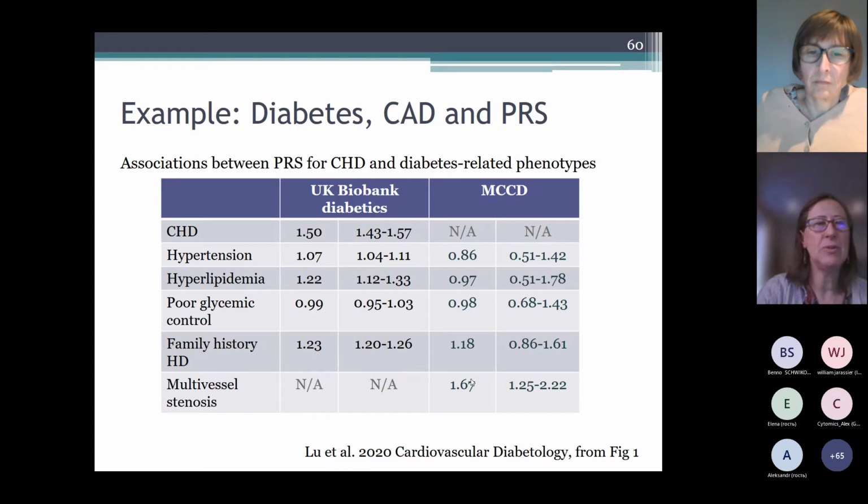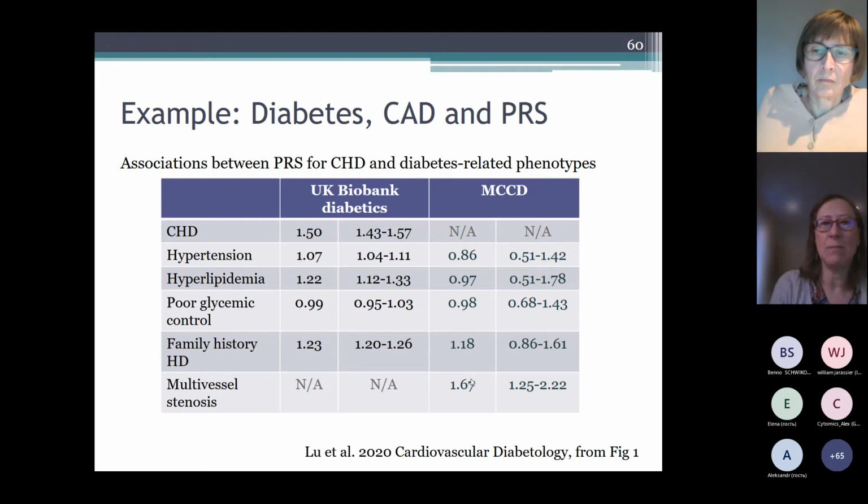This is not by any means a definitive study, but it is a suggestive finding that among diabetics, the polygenic risk score is picking up the risk of multi-vessel stenosis, and that may be the mechanism by which individuals with diabetes have that elevated risk of heart disease.